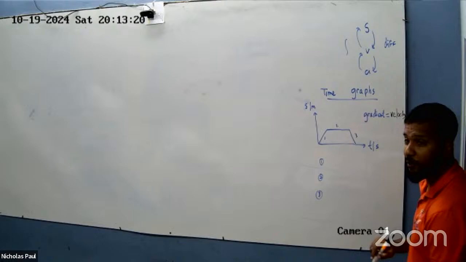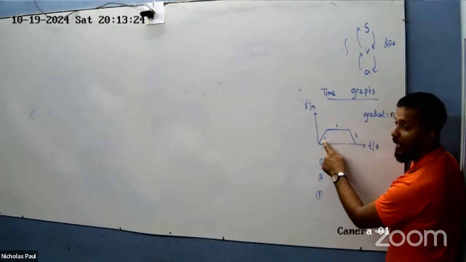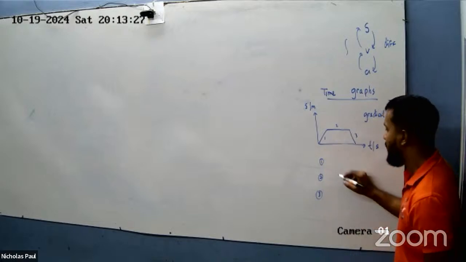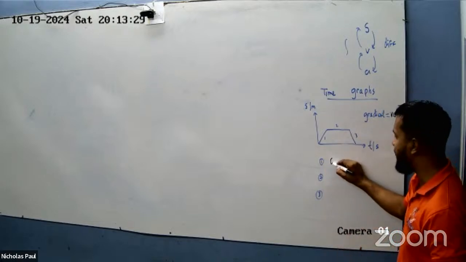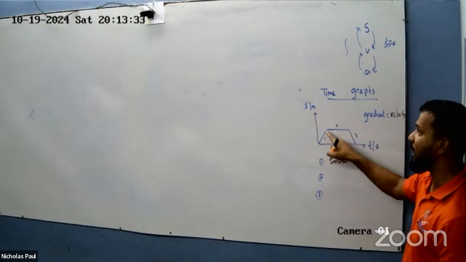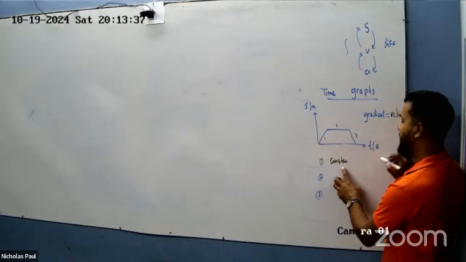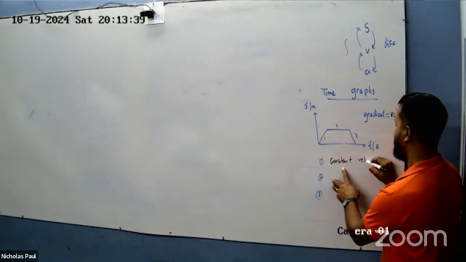So what does this line say? Then this line and this line. Line one says what? A straight line means constant velocity, so the object is moving with constant velocity.